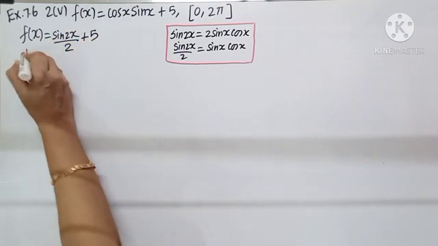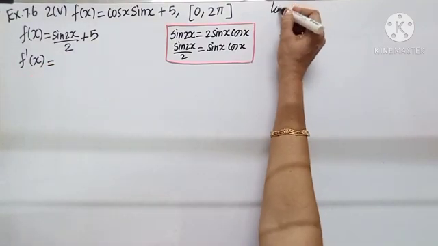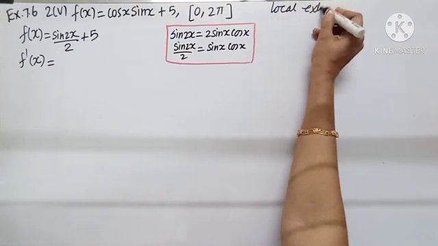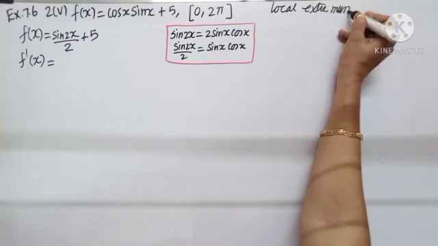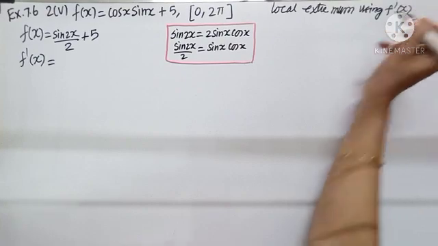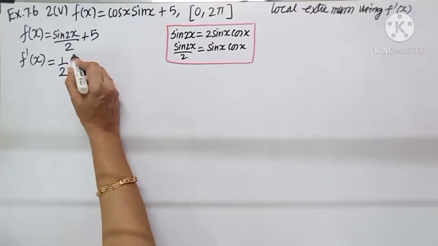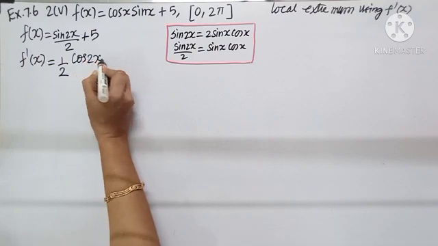Find out the derivative, since the question is to find local extremum using the first derivative test. As we find f dash of x, 1 by 2 as it is, sin 2x will become cos 2x.